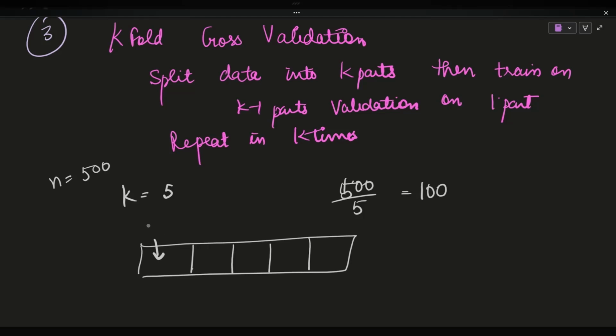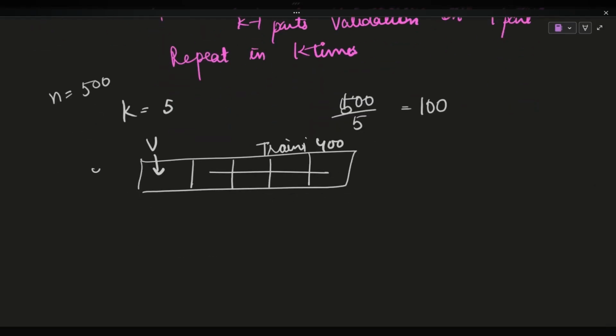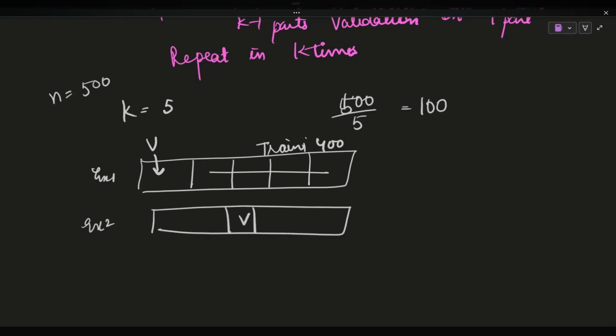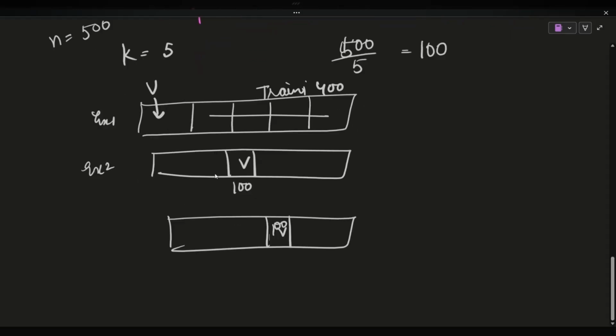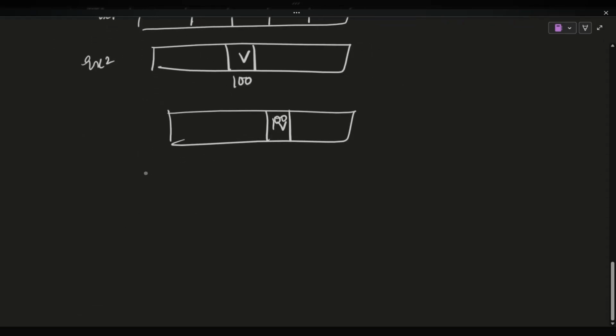First 100 is for my validation, all other 400 for training. So this will be for experiment 1. For loop 2, this part will be for validation, 100 records for validation, all other for training. Same way you will keep moving this, but at every point you will have 100 records for validation.